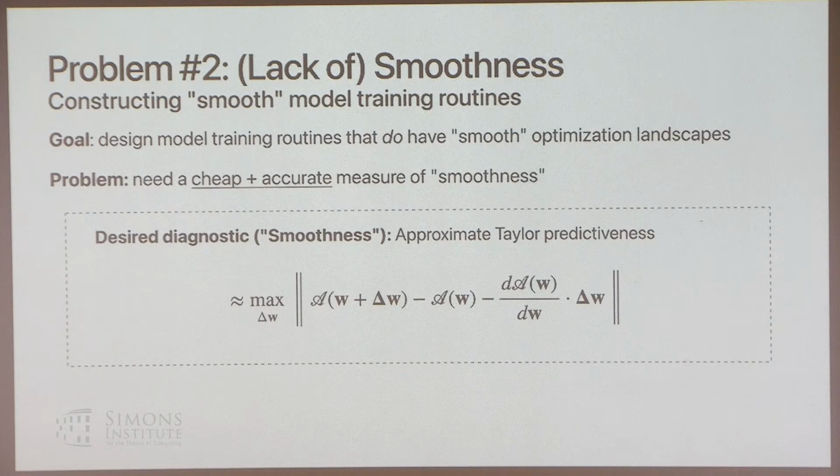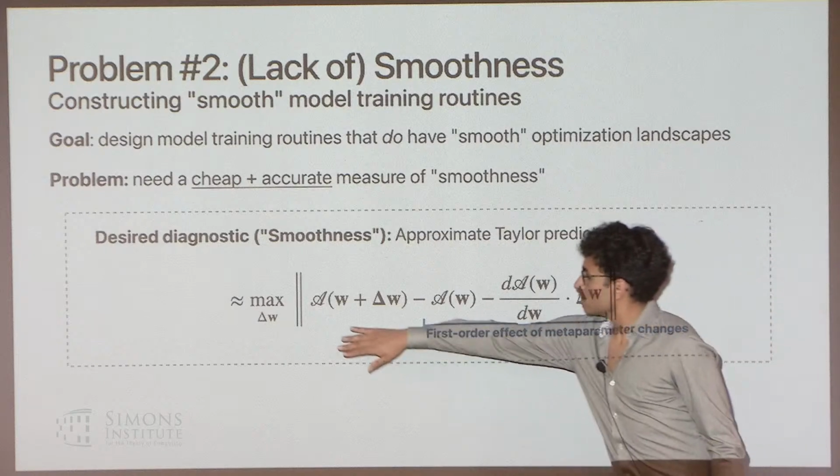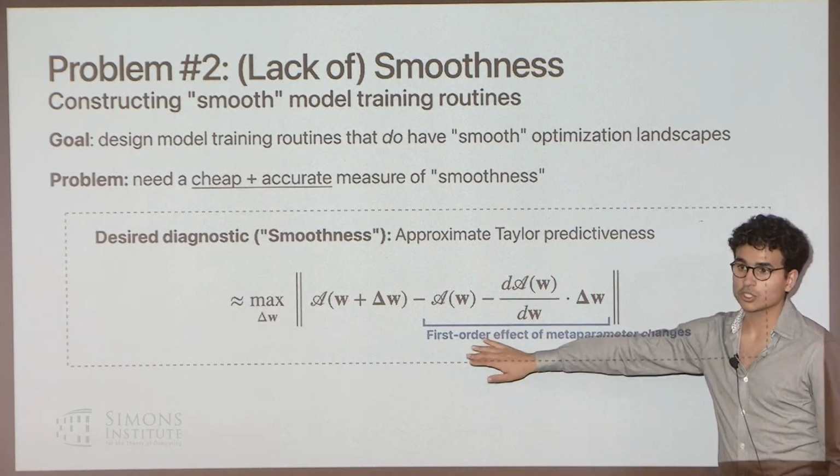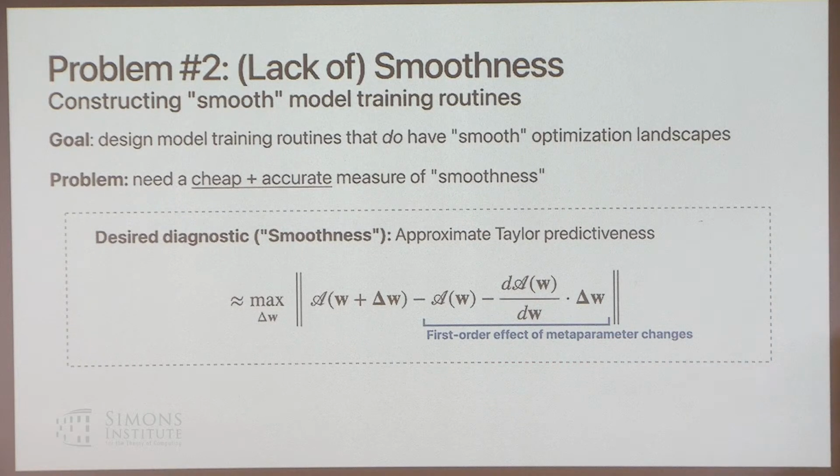If we think back to optimization theory, what we're actually after is beta smoothness, which is essentially how close your actual model behavior is to your first order prediction of model behavior. Generally, functions that satisfy this property are smooth, gradients are nice, and you can do good things with them. Okay, so what we're really after is this.